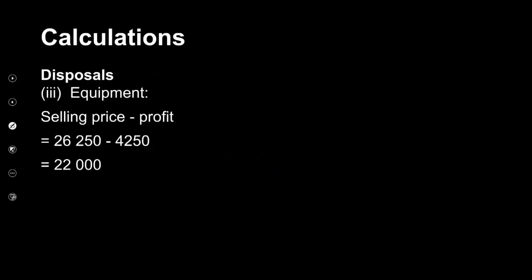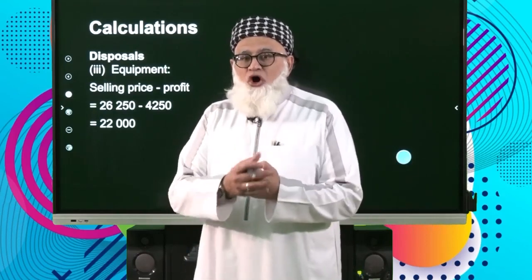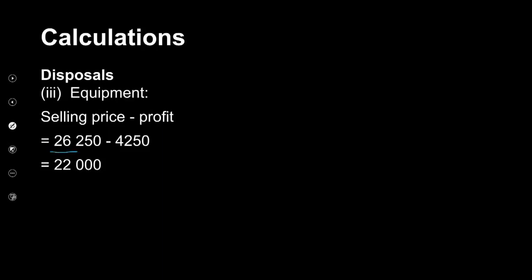Okay. Now, clearly you can see that when you are working out based on the information that you have, your selling price was 26,250, right? And you are told that you made a profit of 4,250. So clearly, the 22,000 Rand would be your disposal at carrying value. What do we remember? We remember from this year that if my selling price is greater than my carrying value, then I've made a profit.